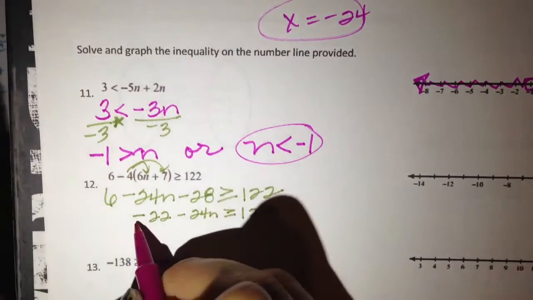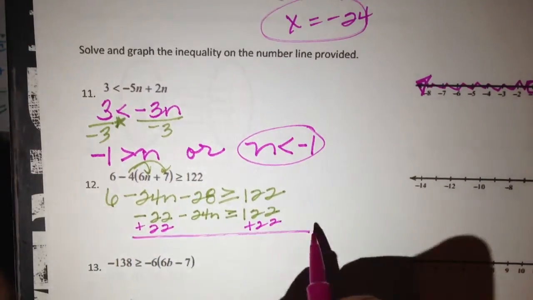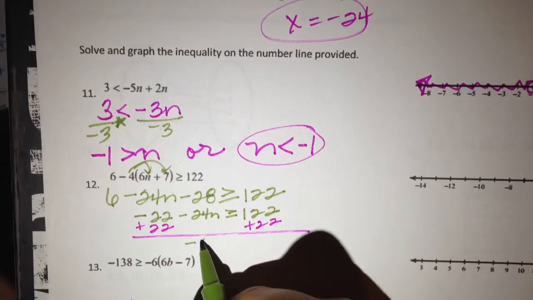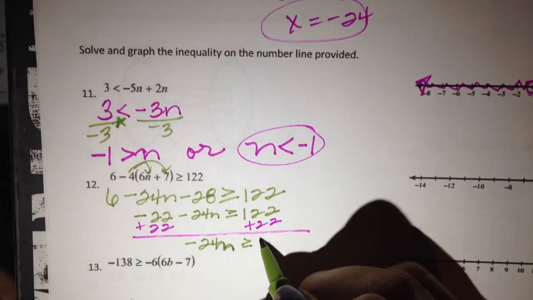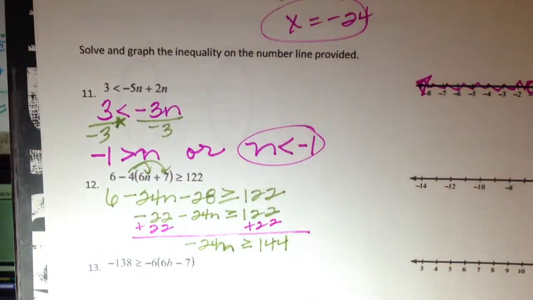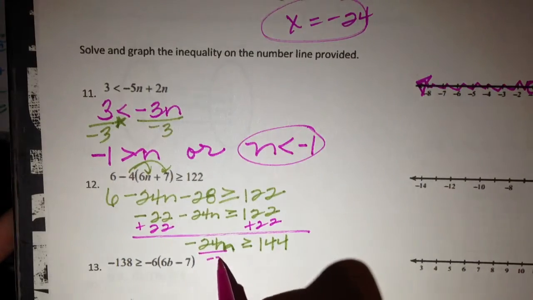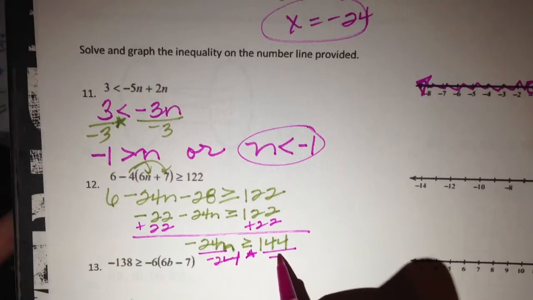I'm going to add 22 to both sides. And I'm going to find out that -24n is greater than or equal to 144. And then I'll finish by dividing by -24, and I'm in the boat again that I'm dividing by a negative number.